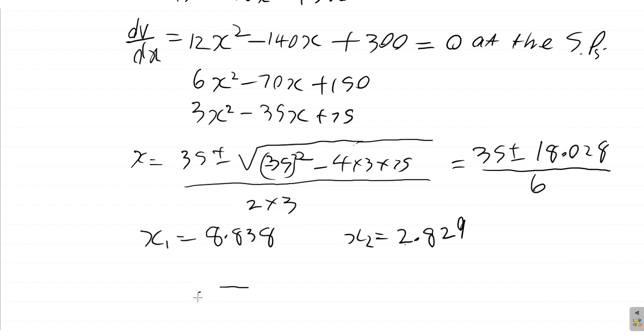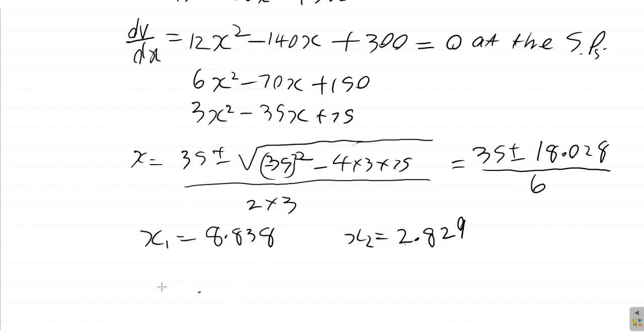But if the one at 8 is positive and the one at 9 is negative, you know this would be a maximum point. And if the one at 8 is negative and the one at 9 is positive, it would be a minimum point. But again, that would be taking too long.